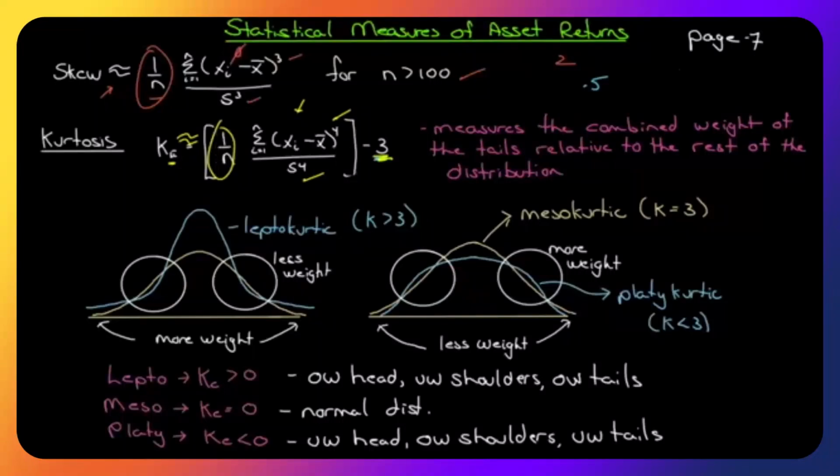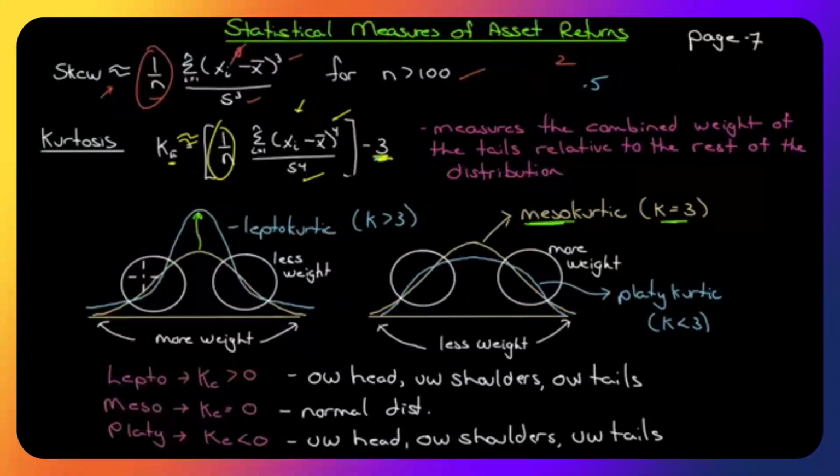Let's talk about different types of distributions and the type of kurtosis or excess kurtosis we'd expect to see. A leptokurtic distribution and a platykurtic distribution. The normal distribution is mesokurtic, and has a kurtosis of 3. So leptokurtic has a much higher distribution around the mean, many more observations around the mean.